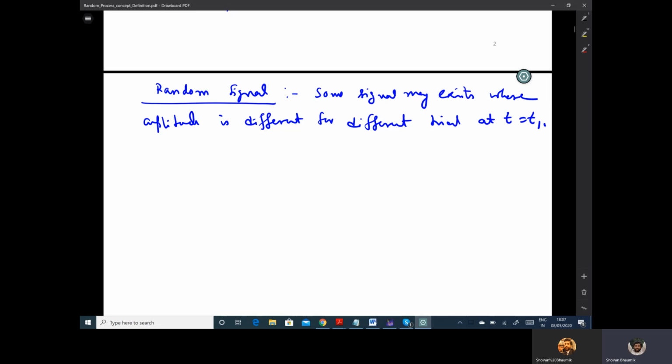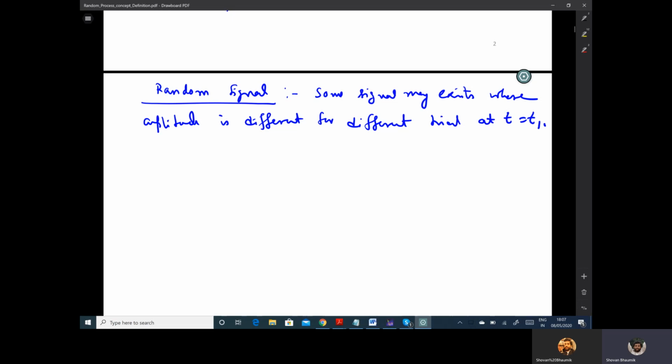So if we fix the t and I ask you what the signal will be, you cannot say. Suppose we consider noise coming out from a radio. If we fix a time, we keep on measuring the amplitude. At some time, say at 1 second, it will be something. Again, we do the experiment, it will be something else.